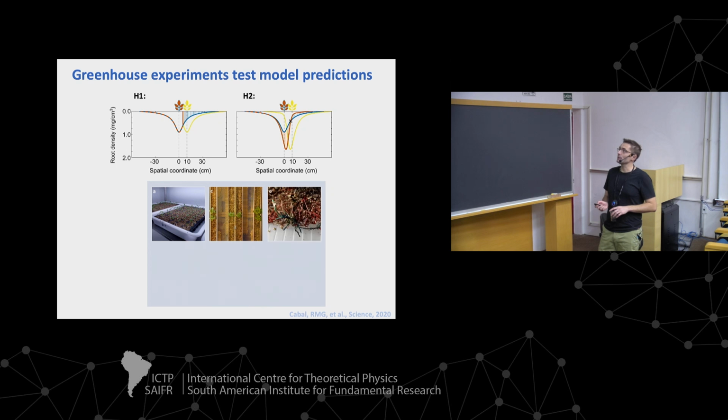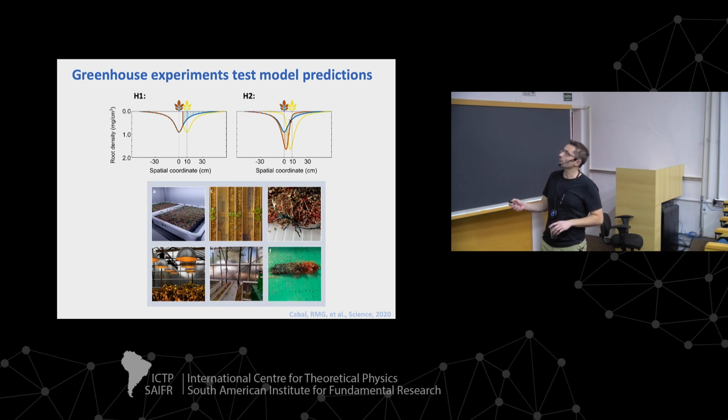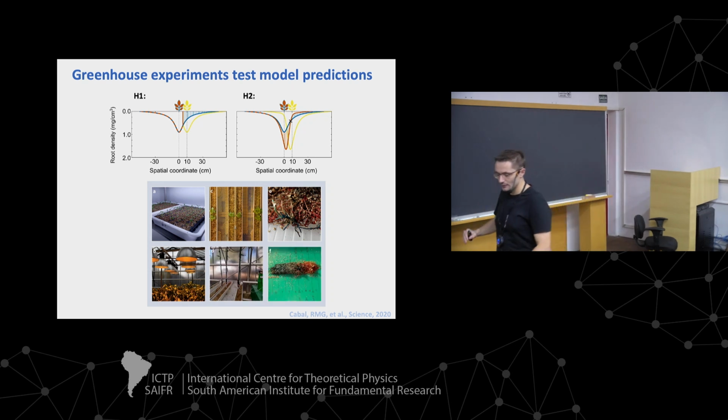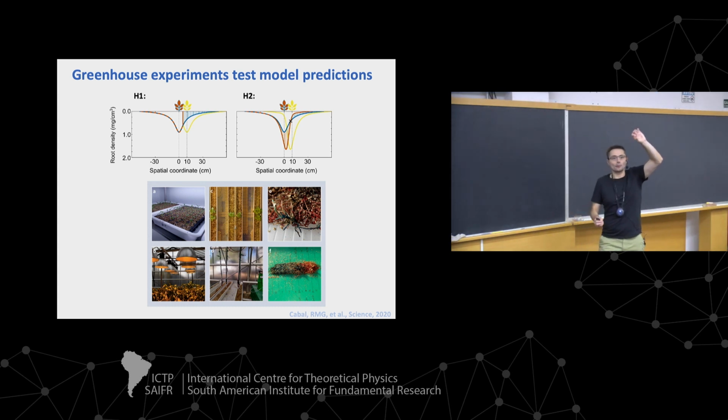So basically what we did was we cut the stem of the plants and we injected ink into the plant with a lot of pressure, so the ink was percolating through the root system of the plants.